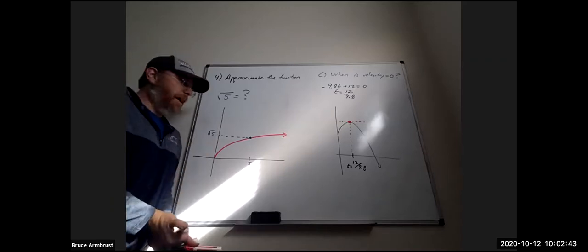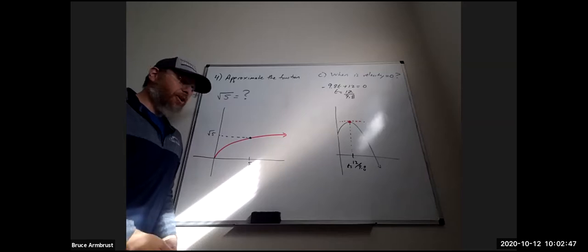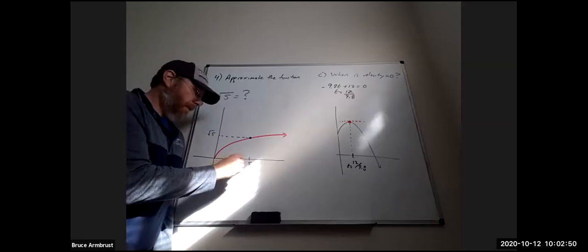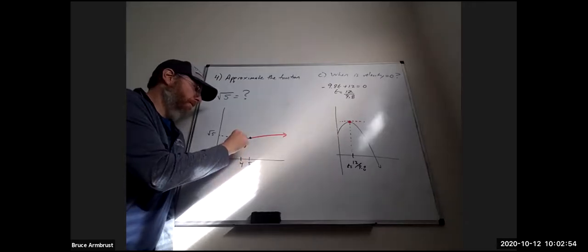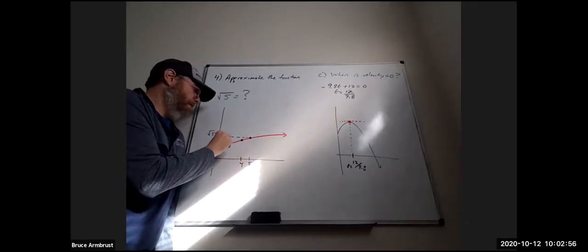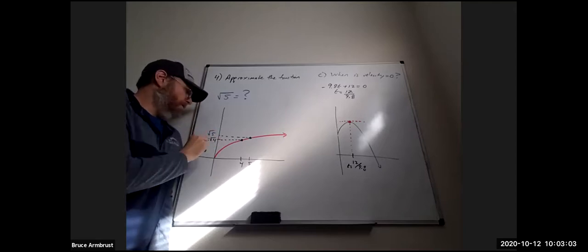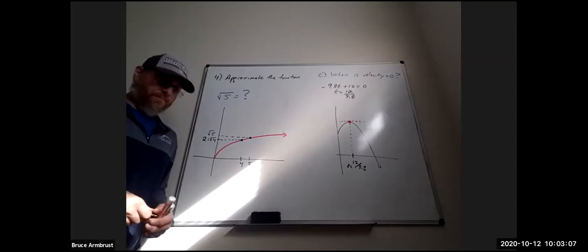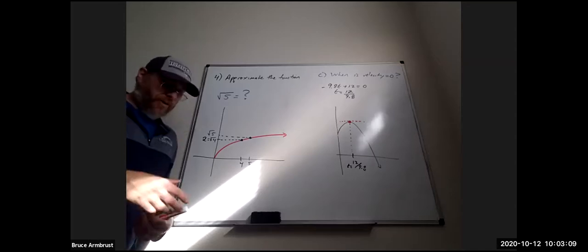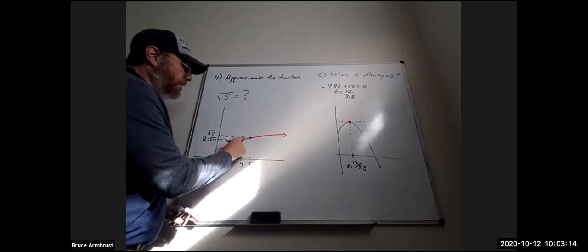Now, the square root of 5 is not a nice number, but there is a nice number close to it. I could come over here to 4, and what I know is that this is equal to the square root of 4, which is 2. So it's going to be slightly more than 2. Here's where the derivative comes in. Think about the derivative at 4.